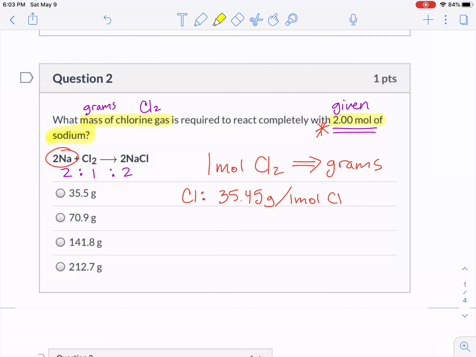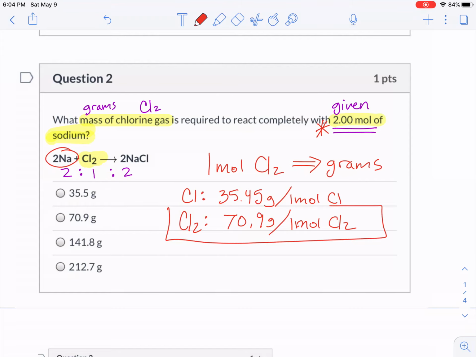Now, remember, we're dealing with a diatomic element. So we actually have Cl2. So easy, we just multiply this by 2. We have 70.9 grams in every 1 mole of chlorine gas. And we determined that we needed 1 mole for our reaction. So this is our answer.